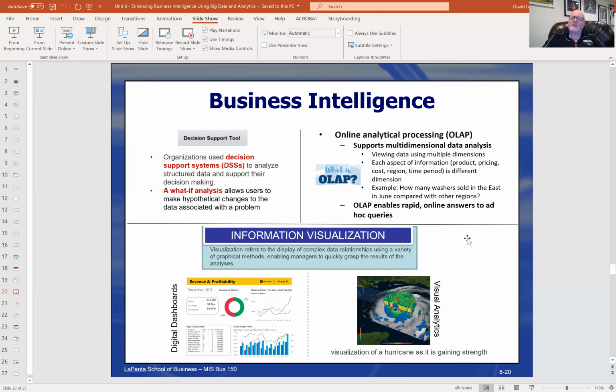Then there's something called online analytical processing, OLAP. It supports multi-dimensional data analysis, and it enables rapid online answers to ad hoc queries. So as opposed to what-if analysis, it's really more of, I have a particular question, or I need to look at certain data in a certain way. And these are systems that go out there and parse that data.